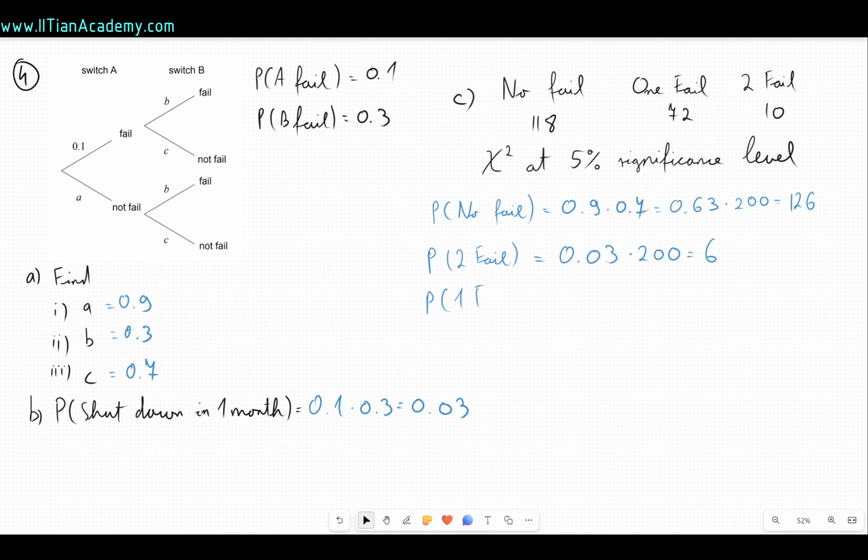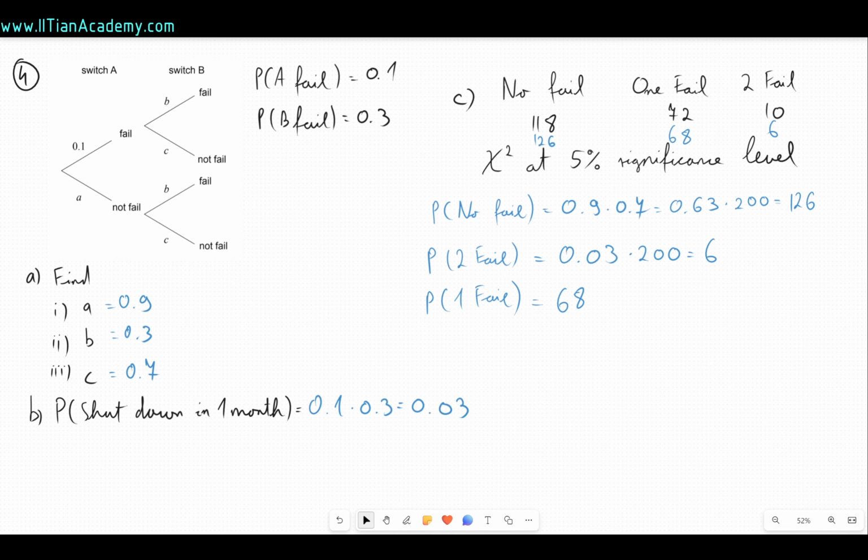We could either do that by looking at the tree diagram and looking at the fail, no fail, no fail, fail, and add these two branches up, or we could just notice that the remaining number of these have to be from this case, as there are no other cases. So this will have to be 68. So if we write it back into this table over here, so the probability of no fail, we had 126. For one fail, we had 68, and here we have 6.